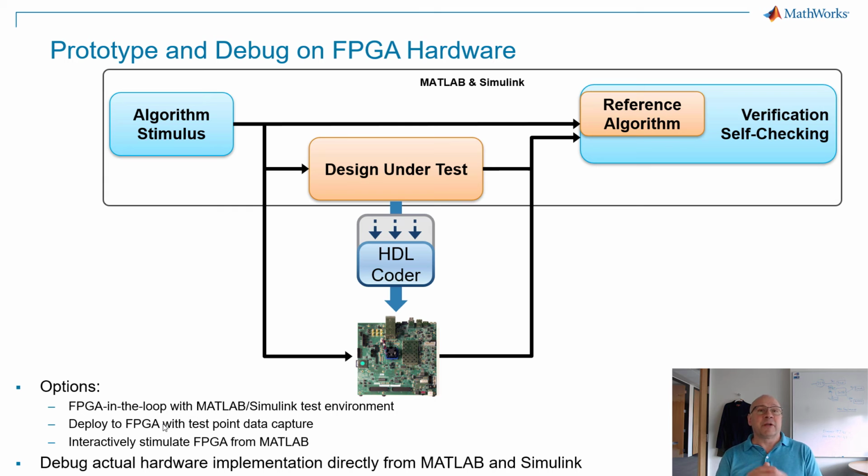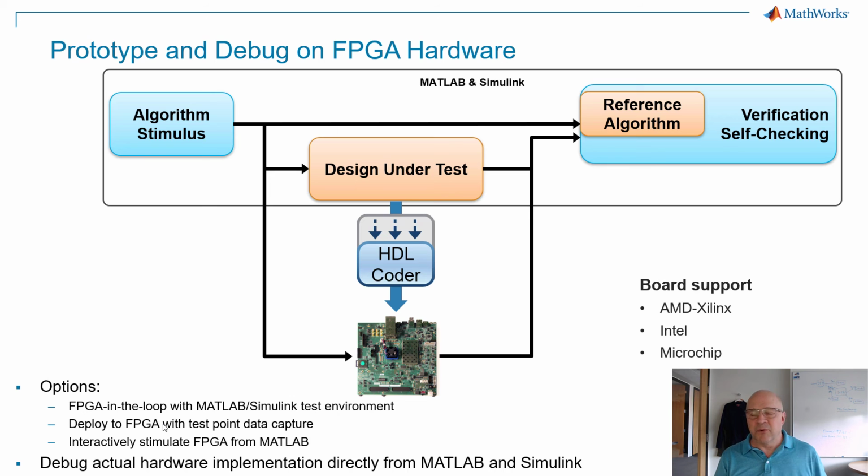So if you have a very long simulation run in terms of many data points, it might be worth the effort of going through the whole compilation and development of a bitstream in order to do this as compared to co-simulation. And we support many popular boards that have FPGAs and SoCs from AMD, Xilinx, Intel, and Microchip.